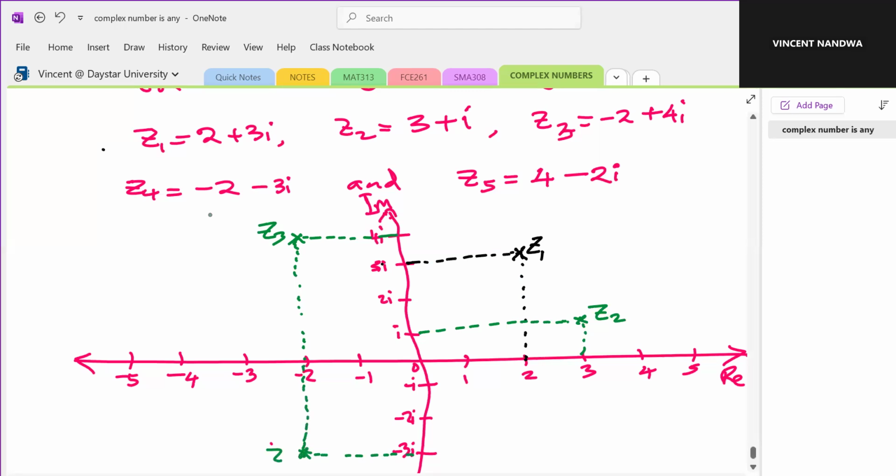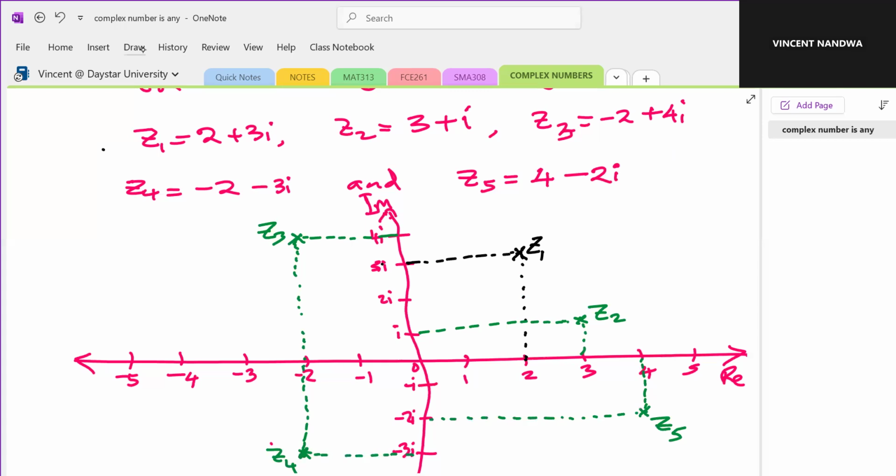Where they meet, that's what we call Z4. And Z5 is 4 on the real axis, minus 2 on the imaginary axis. So where these two lines meet, you put Z5. That is how generally we plot complex numbers in an Argand diagram.